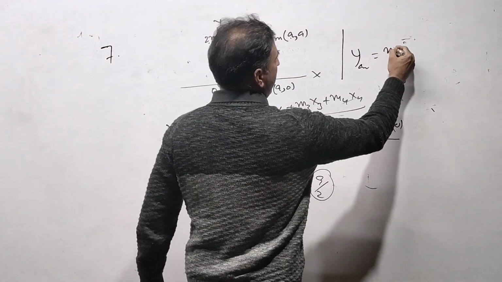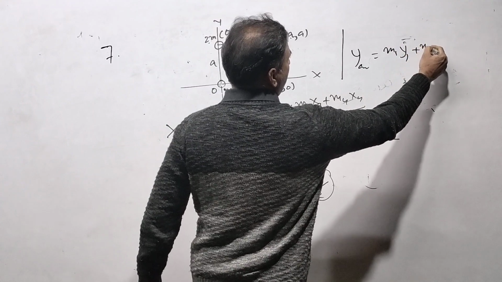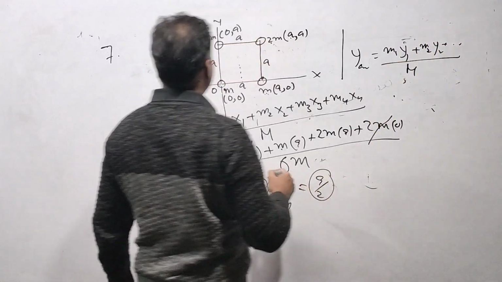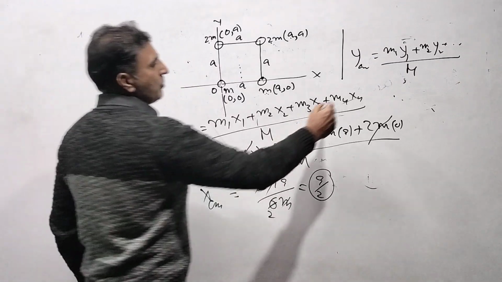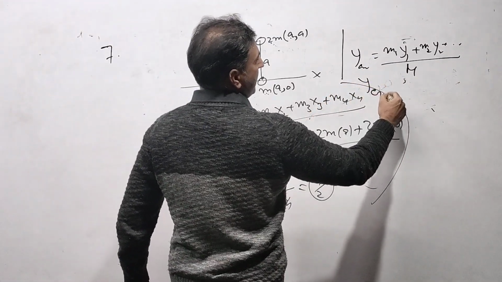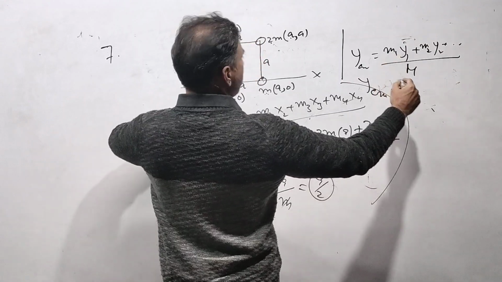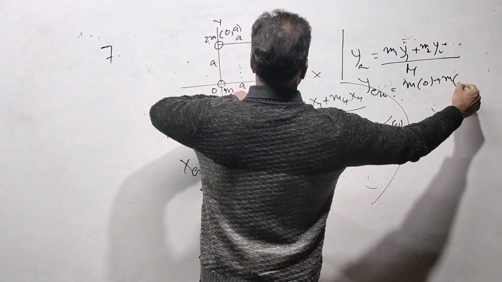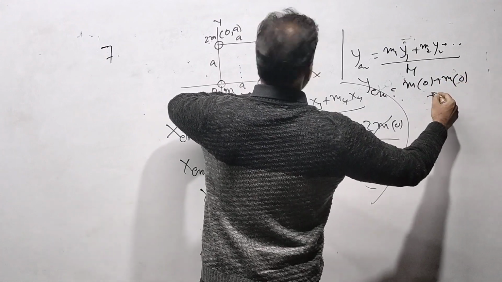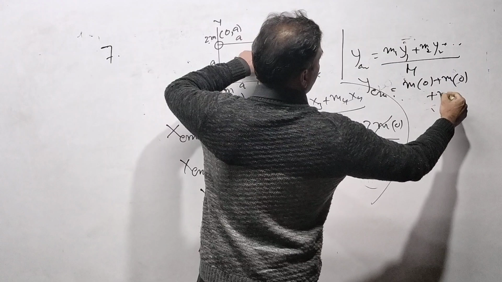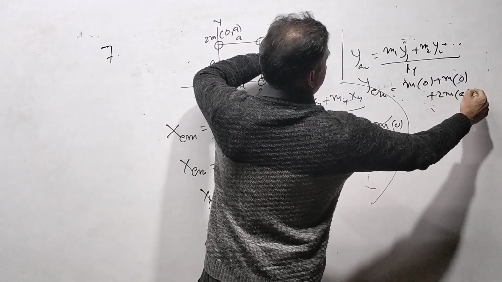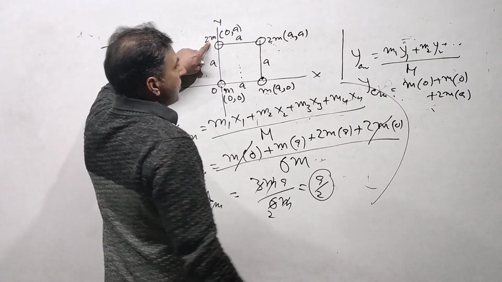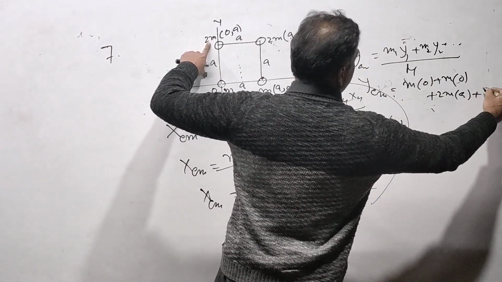YCM is M1 y1 plus M2 y2 plus so on divided by total mass. So what is YCM? You can substitute. YCM is equal to, what is M1? That is M into 0. What is M2? That is M into 0 again. What is M3? 2M into A. What is the fourth particle? 2M.